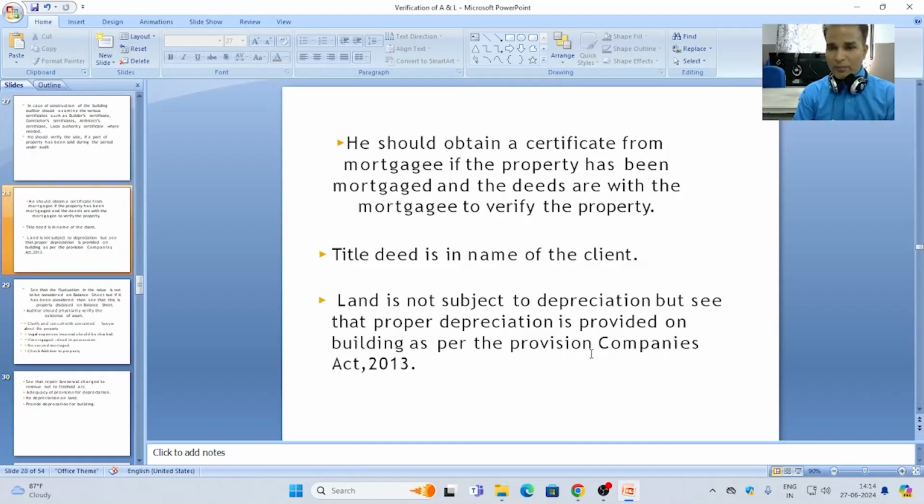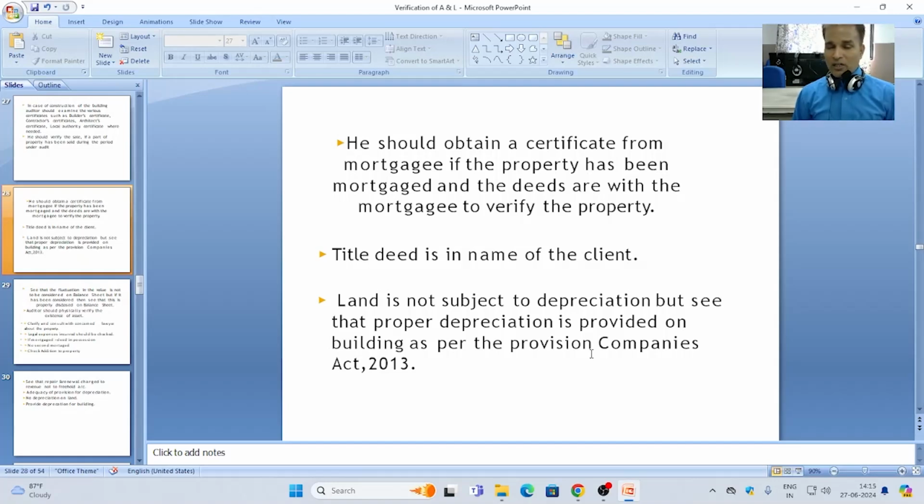The auditor should obtain a certificate from the mortgagee if the property has been mortgaged and the deeds are with the mortgagee to verify the property. It is expected from an auditor that the terms and conditions of the mortgage should also be verified.